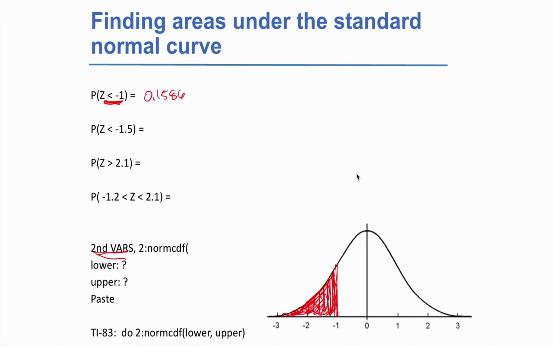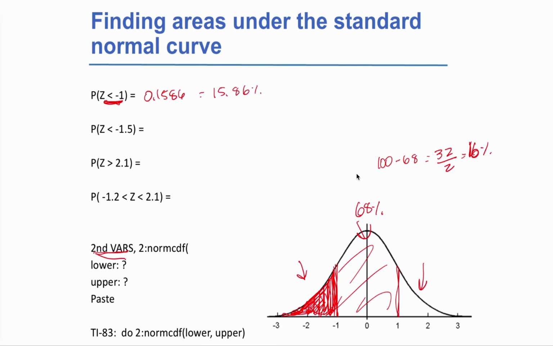Using the empirical rule, 68% of our data is within plus or minus 1 standard deviation. So everything outside of this is going to be 100 minus 68, which is 32. That's split evenly between the two tails, 16%, compared to this, which was 15.86%.